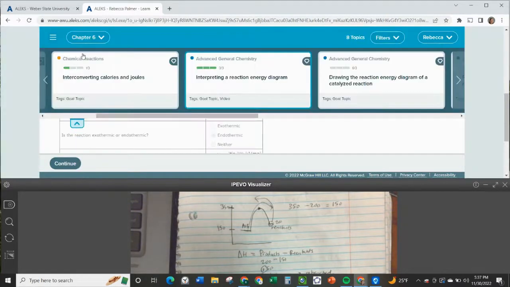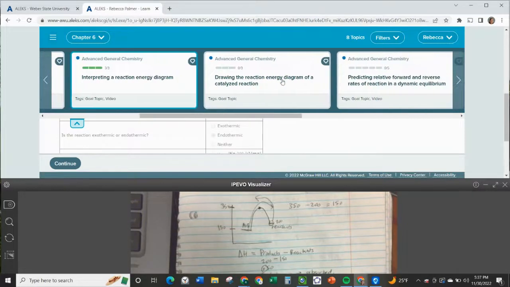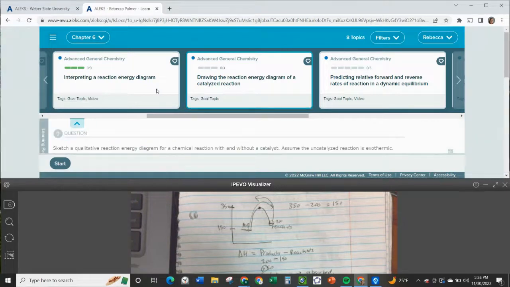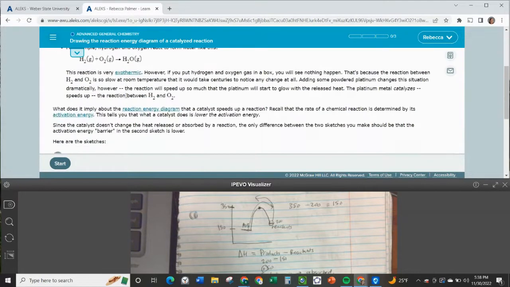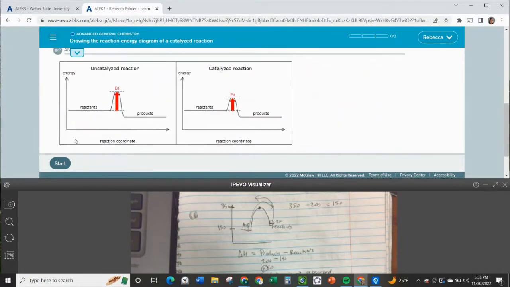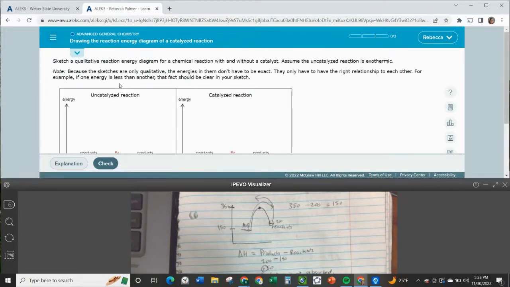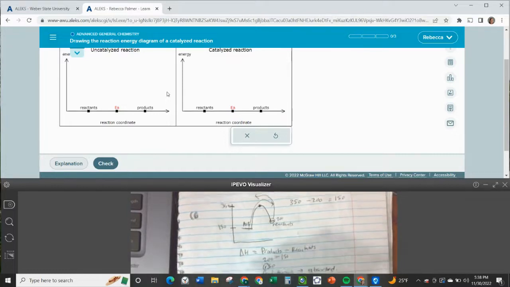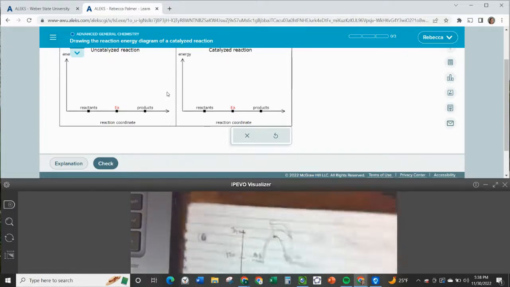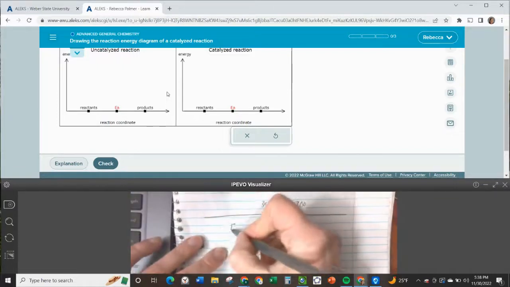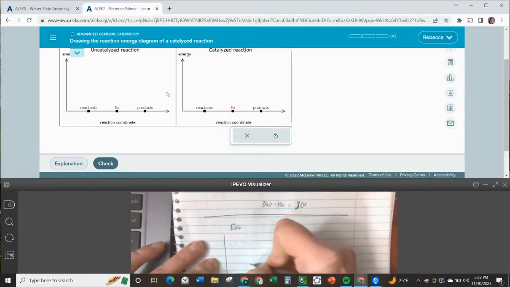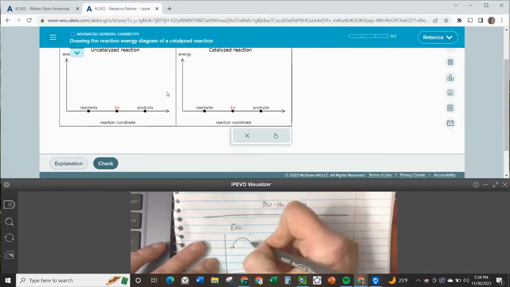Okay. All right. Next question is drawing the reaction energy diagram of a catalyzed reaction. What happens in a catalyzed reaction is the only thing that changes is the activation energy decreases. So for this problem, we need to know that for an exothermic reaction, the reactants are higher than the products.